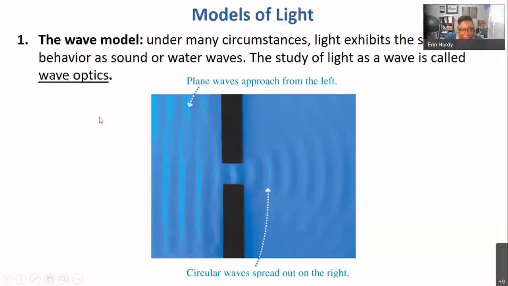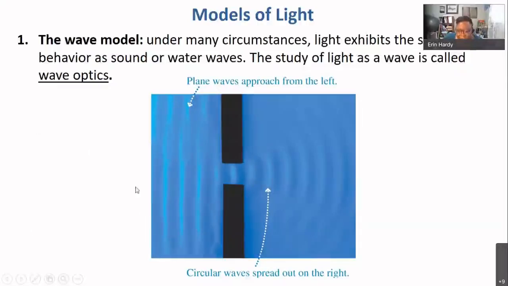And if that cone is on the left-hand side here, the lightest blue regions that we see would be the crests, so the points in the dish or in the pool where the water level is higher than average. And the darker blue would be troughs where the water level is lower than average.